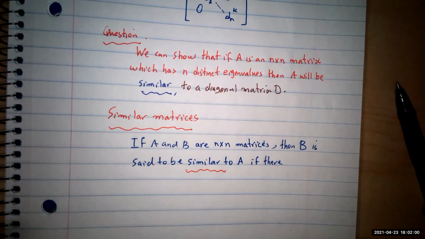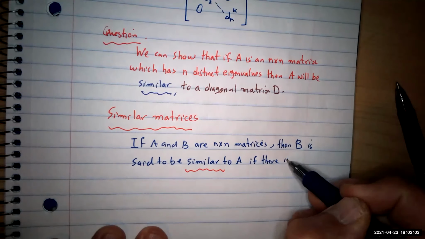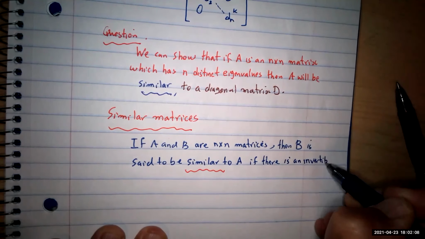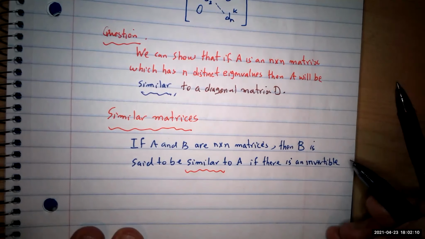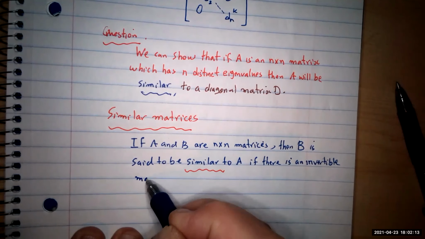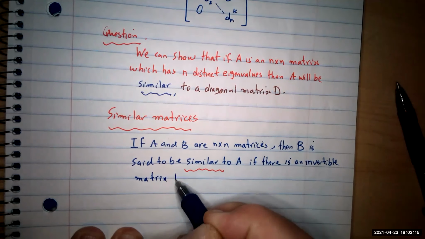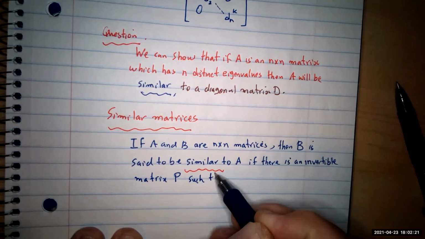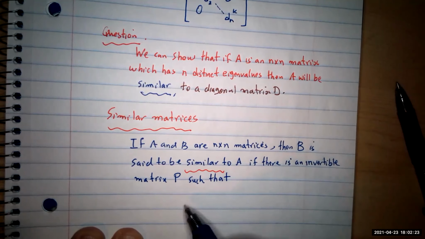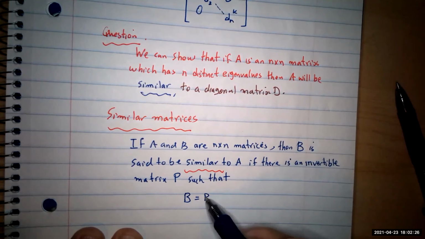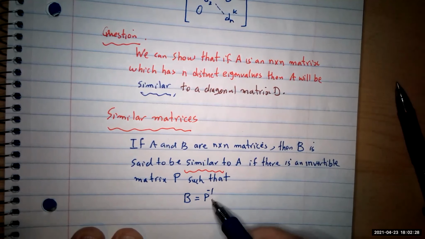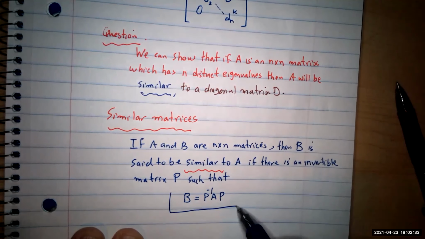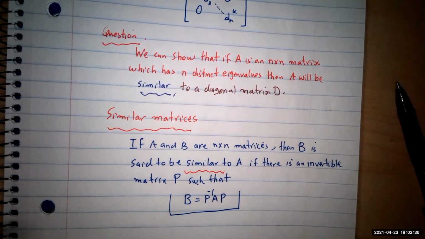If there is an invertible matrix P such that this condition is satisfied: B is equal to P inverse times A times P. This is the definition of similarity.